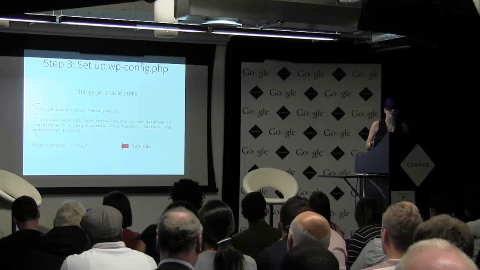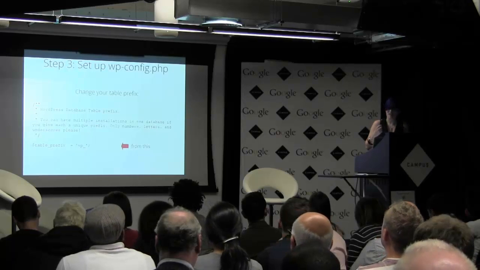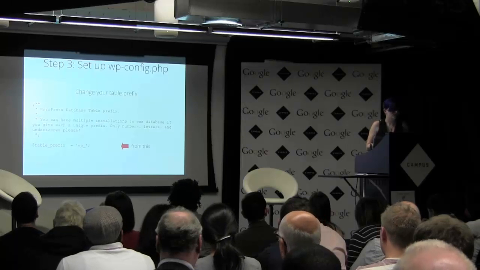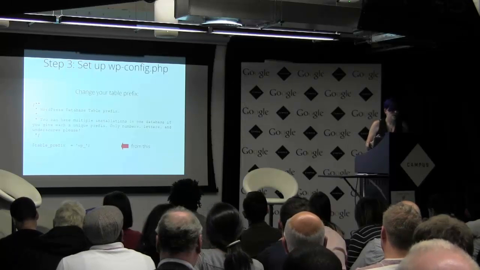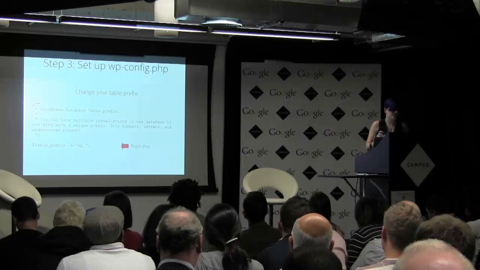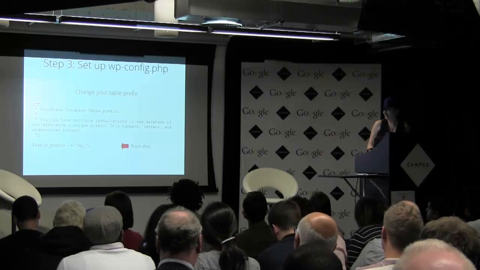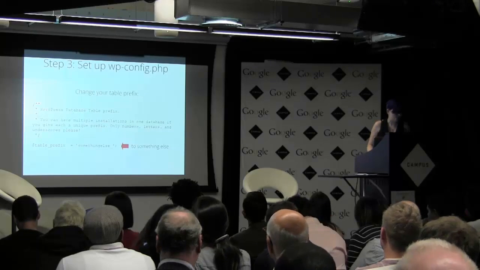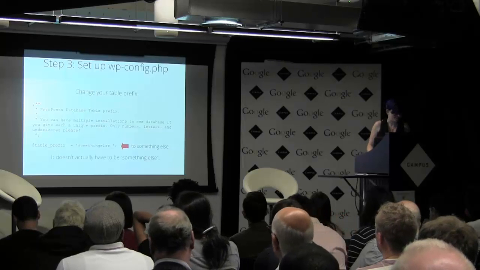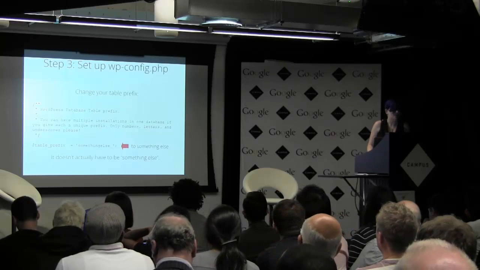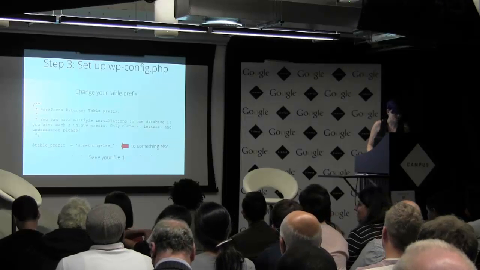I think anyone that's been to this group before knows that we recommend, for security reasons, that you change the table prefix. You can change it to anything you like, as long as it's numbers and letters with an underscore. I said here, change it to something else. It doesn't actually have to be something else, it can be anything you like. And then don't forget to save your file.